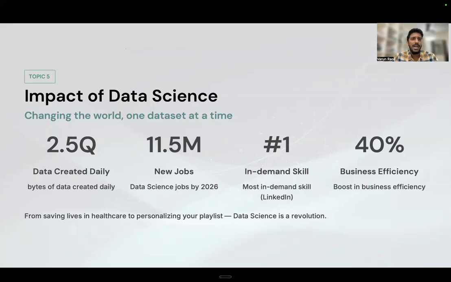Now, what is the impact of data science? We all know how data science is changing the world. Less than 15 years back, the data that was generated was almost 10 times less.